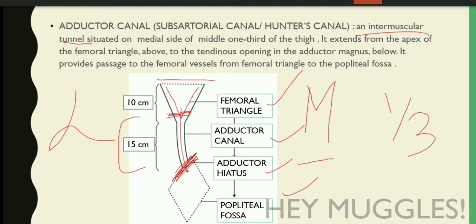So the femoral vessels pass through the adductor canal to enter the popliteal fossa. Is it clear to all of you?